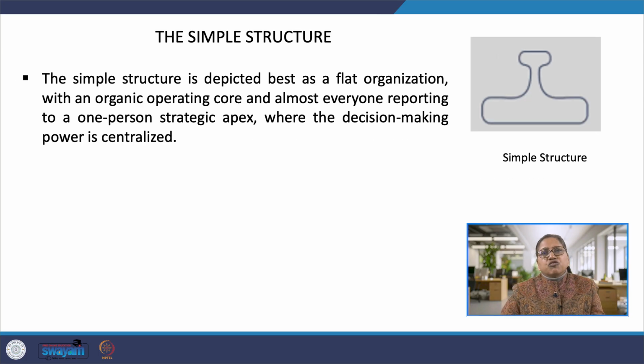In a simple structure, there is low complexity, little formalization, and authority is centralized with a single person. It is depicted best as a flat organization with an organic operating core, and almost everyone reporting to one person, the strategic apex. Decision-making power is centralized.